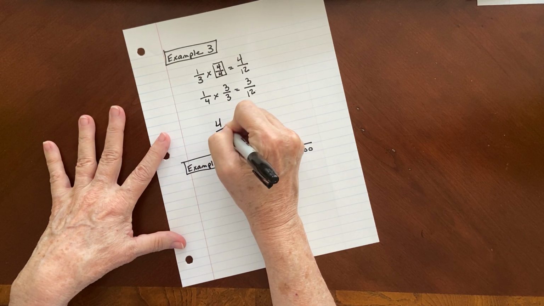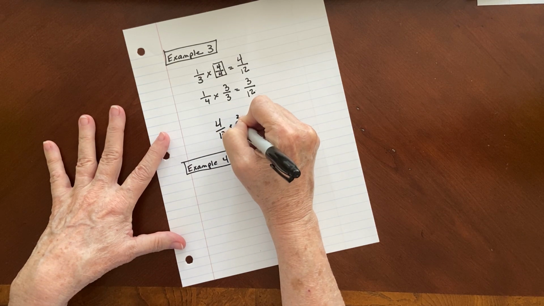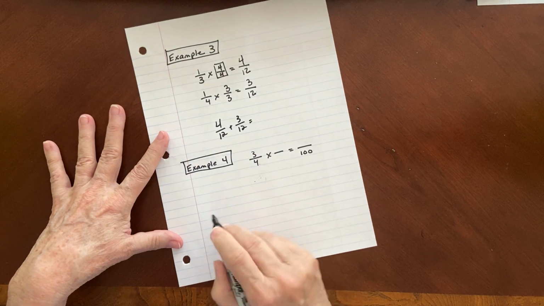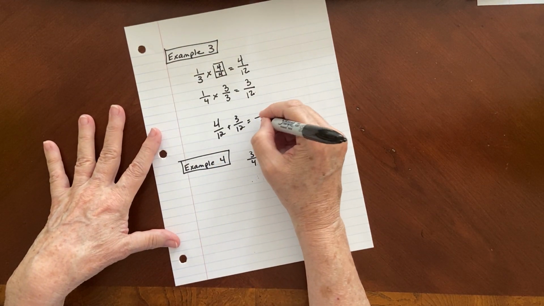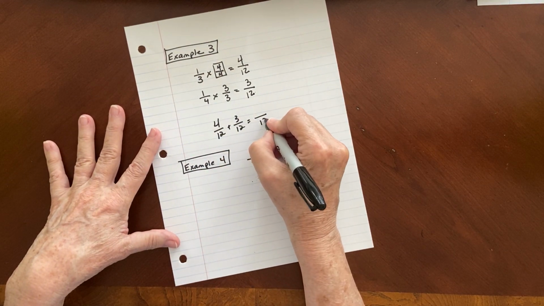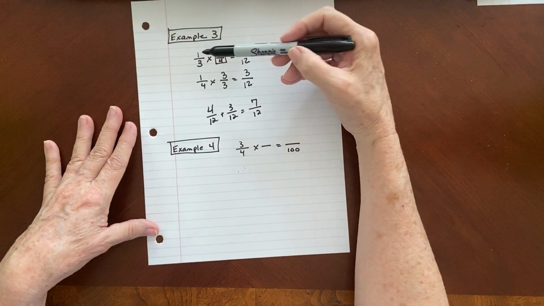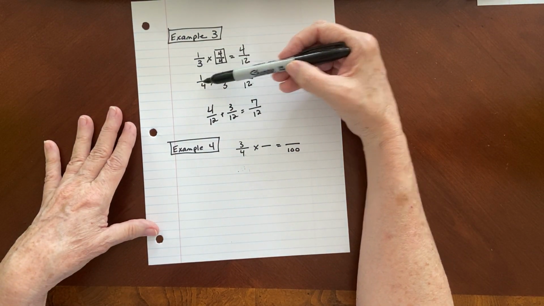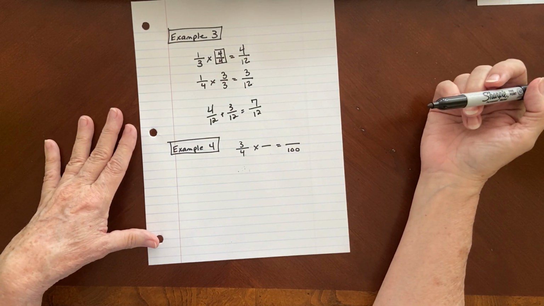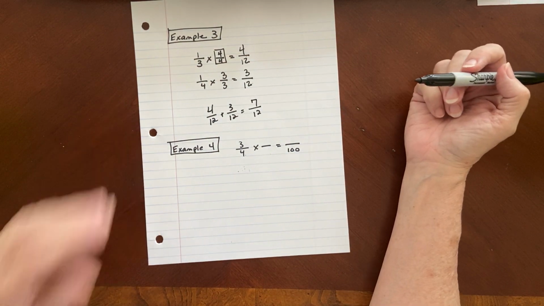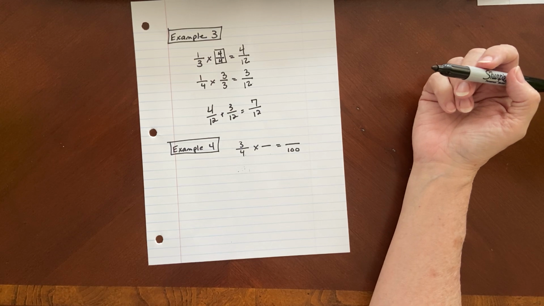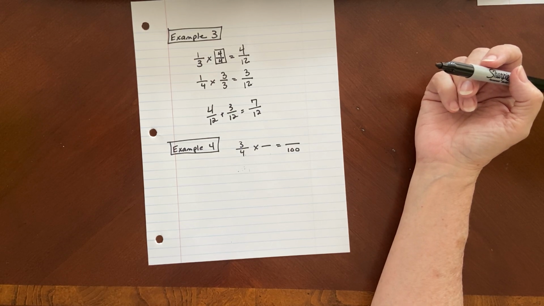So 4/12 plus 3/12 equals, and remember when you're adding fractions, you don't add the denominator. So 4 plus 3 is 7. So if I add 1/3 and 1/4, I'm going to get 7/12. But I have to change them into the same denominator or like fractions first before I can add them, right?